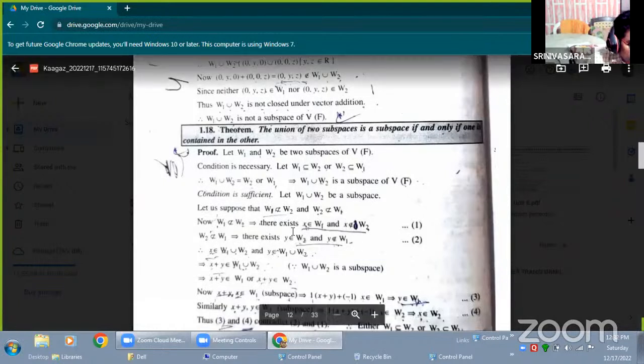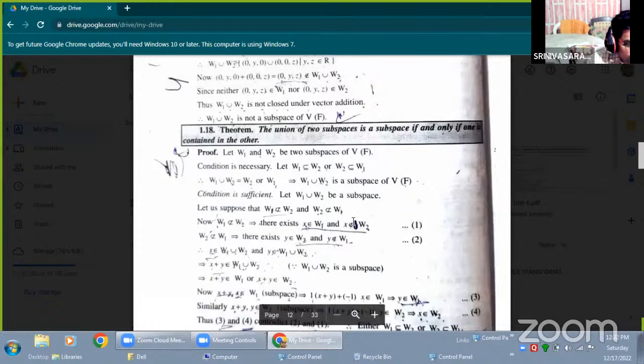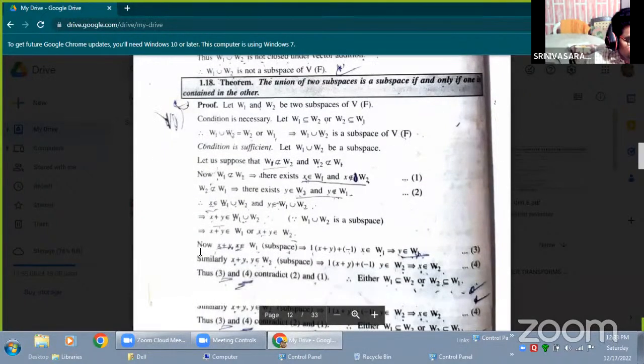So x belongs to W1 union W2, and y belongs to W1 union W2. Under vector addition, because the union of the subspaces is a subspace, x plus y also belongs to W1 union W2.